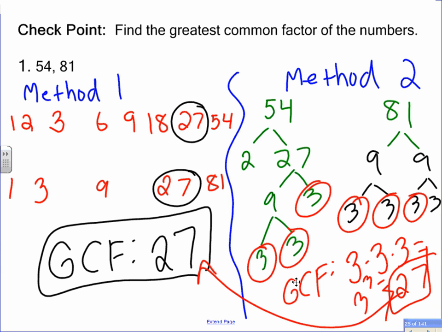No, we're going to do it together. Wow, you guys like this. All you had to do was copy down number 1. Hey guys, all you should be doing is copying down the method you like for number 1. We're going to do it together, but if you want to do it, that's fine.